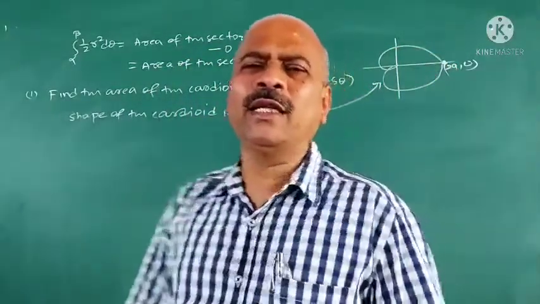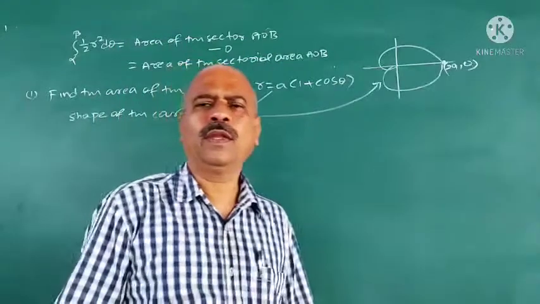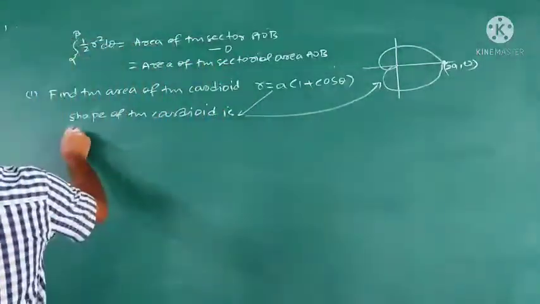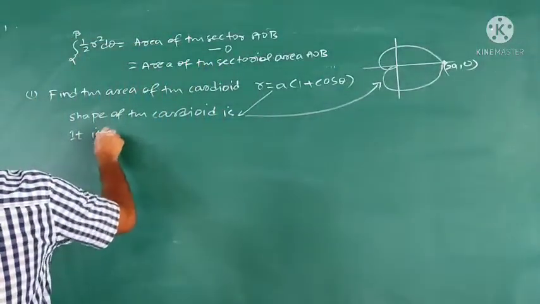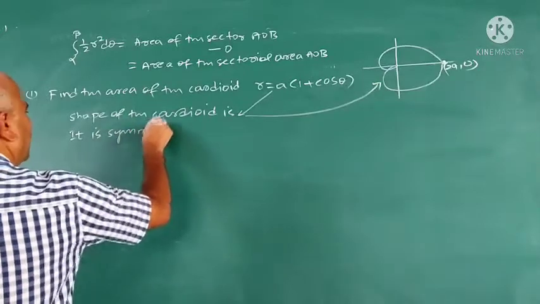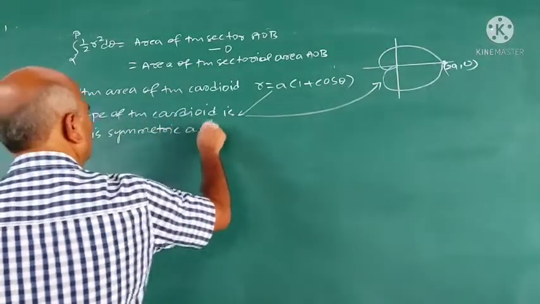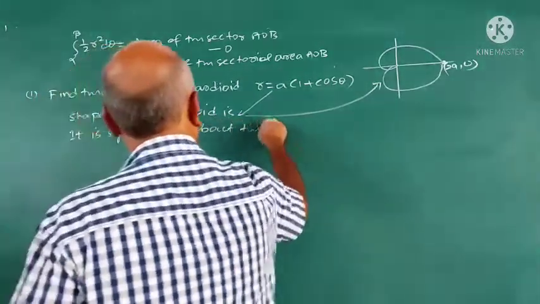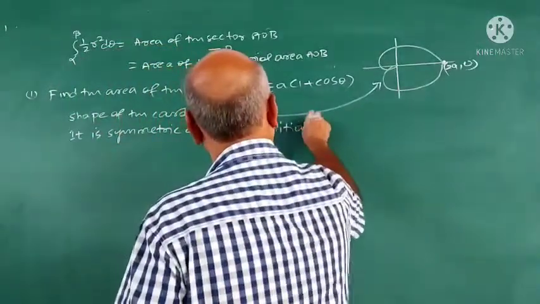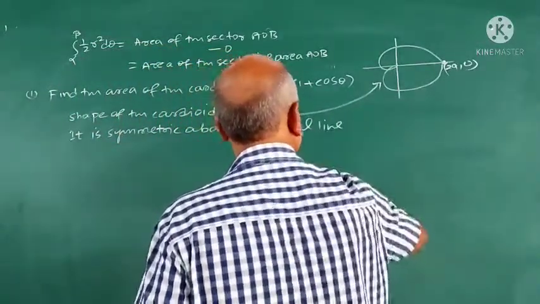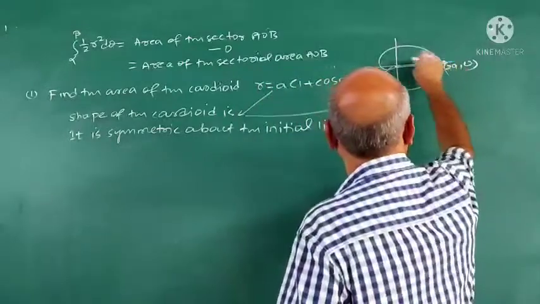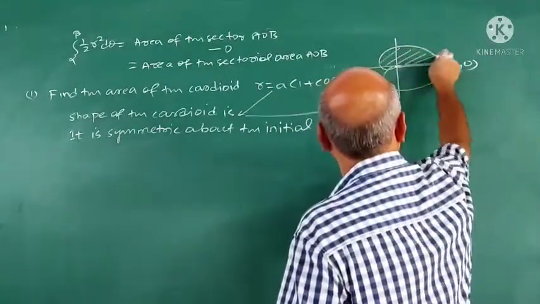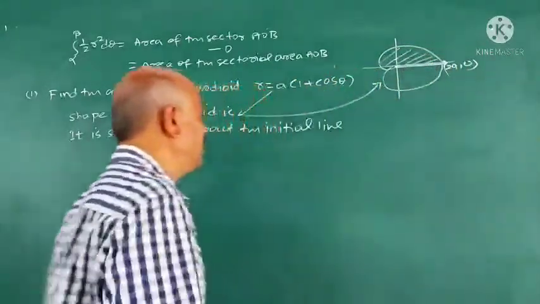Now the vectorial angles you should know. First of all, it is symmetric about the initial line, which means the area above the initial line and below the initial line is the same.